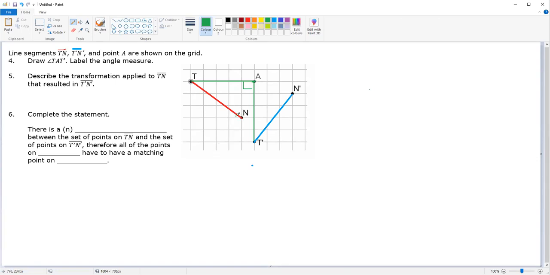If N's going to end up this way, this has to come down this way, like that. So that's going to be a counterclockwise rotation of 90 degrees.